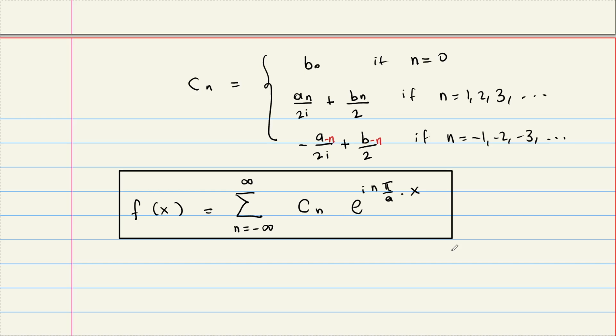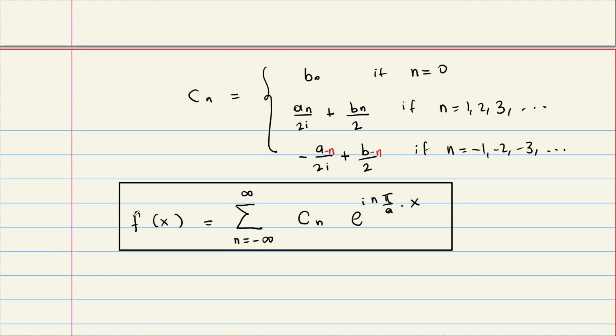We had the Fourier series, it was written in terms of sines and cosines. By combining the coefficients, we write it in terms of exponentials. Now, I want to write Cn in terms of f of x using the Fourier tricks.